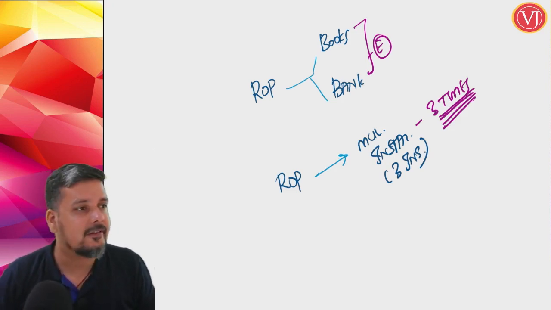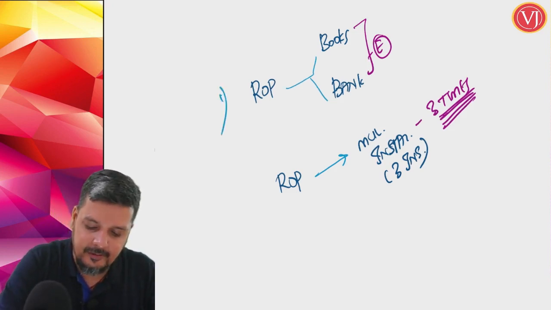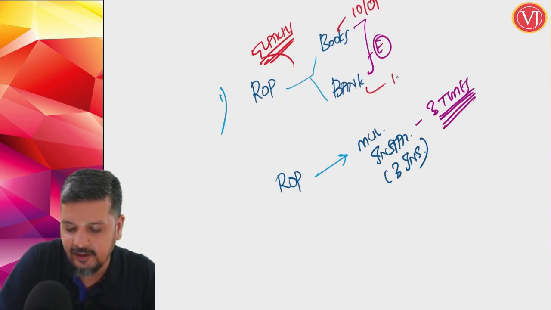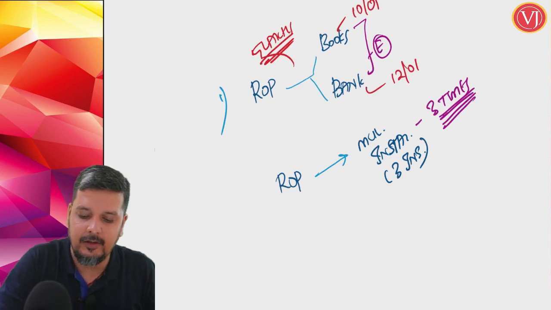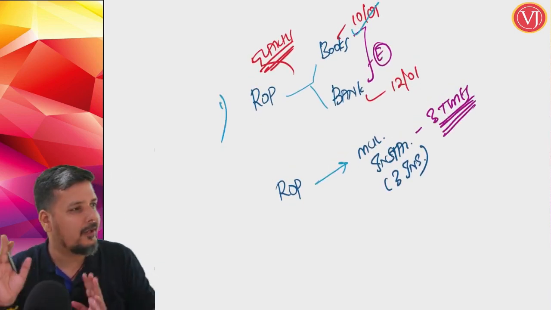Is the difference clear? If the question gives you only one receipt, say the amount involved is 5 lakhs and you have received 5 lakhs, there is one date in books, say 10th of January, and one date in bank statement, 12th of January. You will take? So there's only one answer.